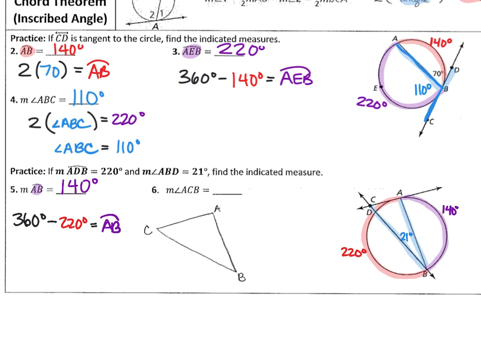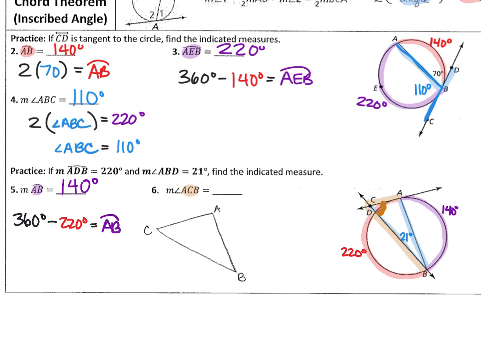Next question asks you to find the measurement of ACB. Here's where highlighting gets kind of weird. ACB, if we follow that one, is from A to C down to B. So I'm looking for this corner piece right here. Not the arc, but the angle in that weird intersection point.